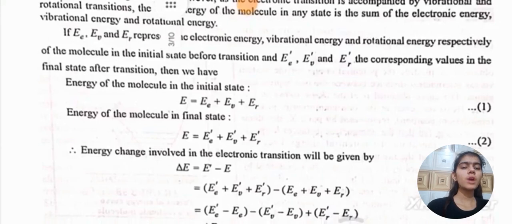Energy change involved in the electronic transition will be given by energy of the molecule in the final state minus energy of the molecule in the initial state. Delta E will be equal to E' minus E.